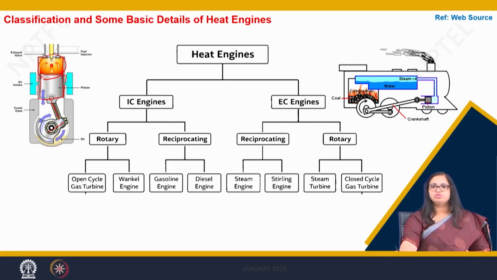the to and fro motion of this piston, which results in the reciprocating motion of this connecting rod, which again pushes this crankshaft, which results in the rotational motion of the wheels. As a result, you can see here the combustion is happening externally.